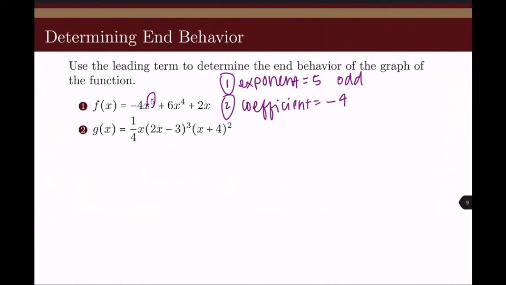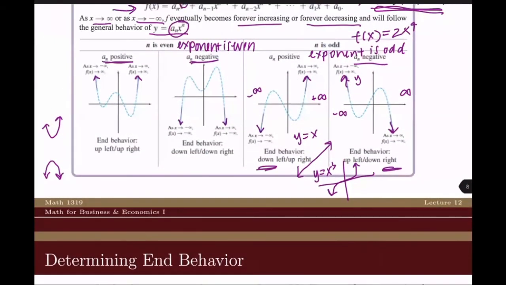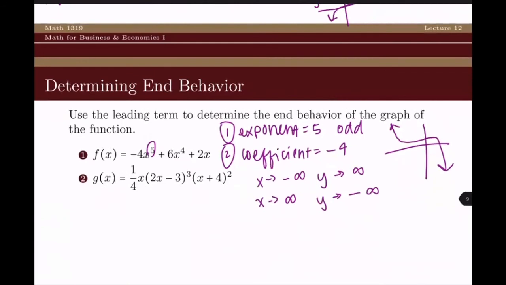So that means as x goes to negative infinity, y goes to infinity. They're flipped. You see negative, positive. And as x goes to positive infinity, y is going to go to negative infinity. So I am going to have something like this, right? Same as this guy here. Not an exact drawing, but this is the gist.